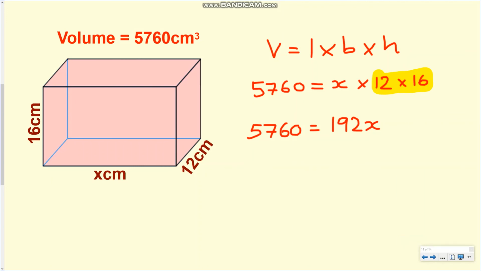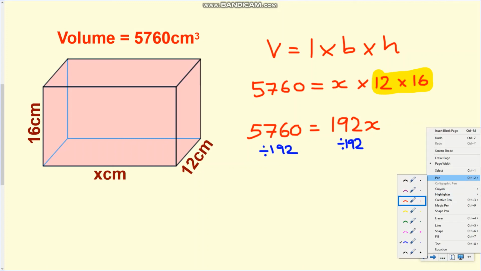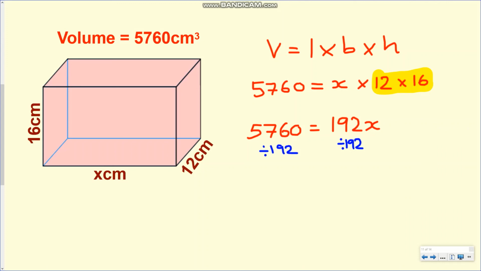Then, just like we did in the previous example, we're going to divide by the number of x's that we have, divide by 192. Okay, and our final answer, 5760 divided by 192 gives us 30.